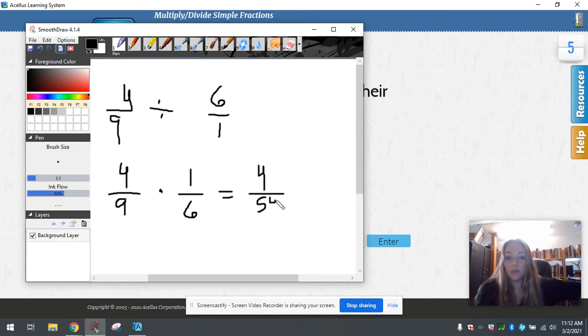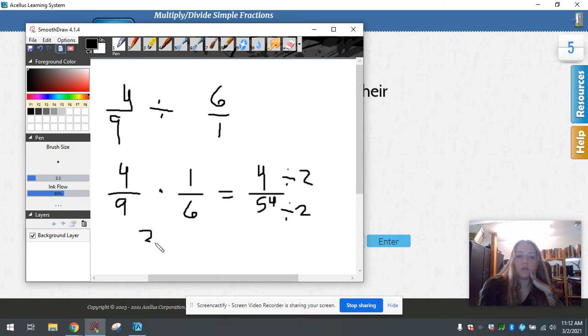These numbers are both even. I'm going to divide them by 2 to reduce, or you can do the factor tree method, but I think that will take me more time right now, so I'm going to do this. 4 divided by 2 is 2. 54 divided by 2 is 27. Okay, 2 is our smallest number.